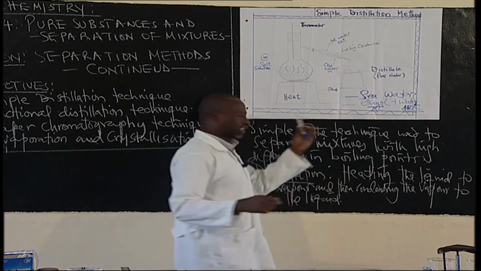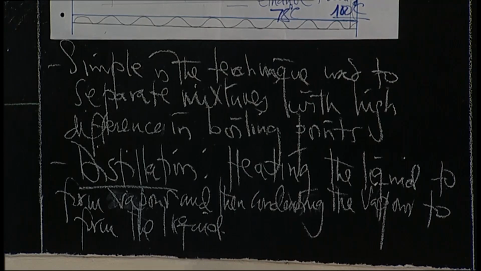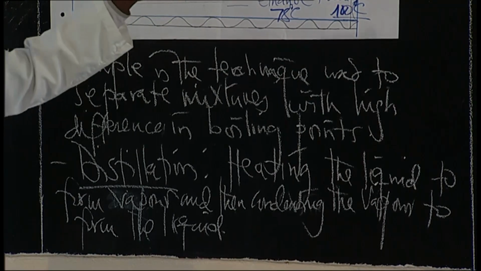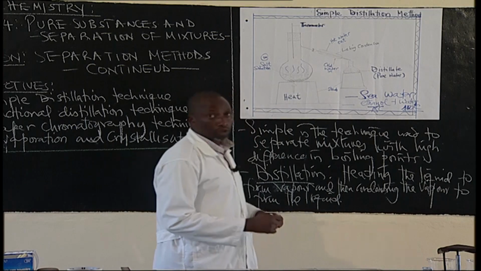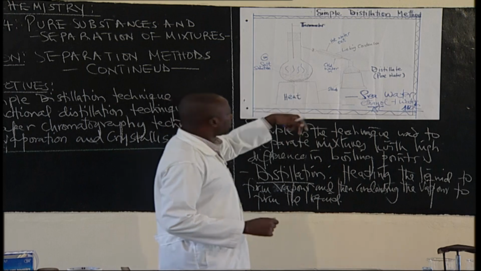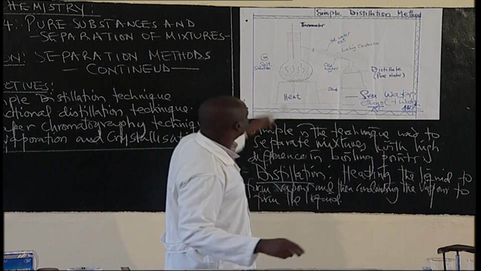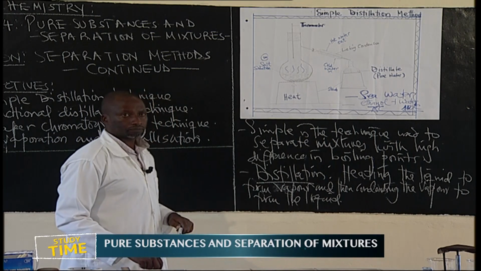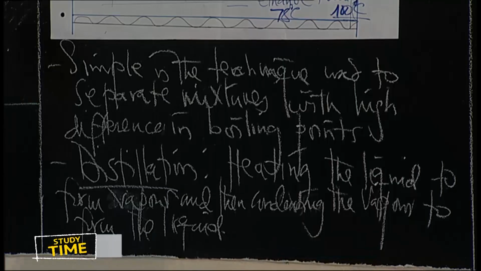You heat the liquid; here the mixture was in liquid form, which could be a solution. Then the water evaporates and is condensed. That is the purpose of this Liebig condenser. It is condensed and then collected as pure water, so the salt remains behind in this flask. So that is simple distillation.